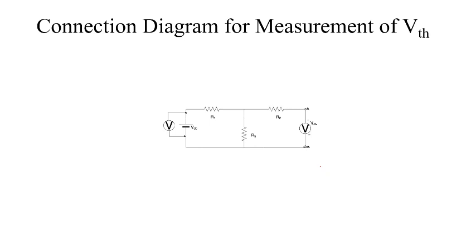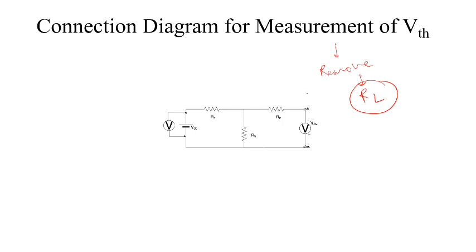Okay, so the procedure for finding out VTH is simple. What you are going to do is remove your load resistance RL. If we were to calculate it theoretically, it would take us some time with the help of various laws, or mesh analysis or node analysis.